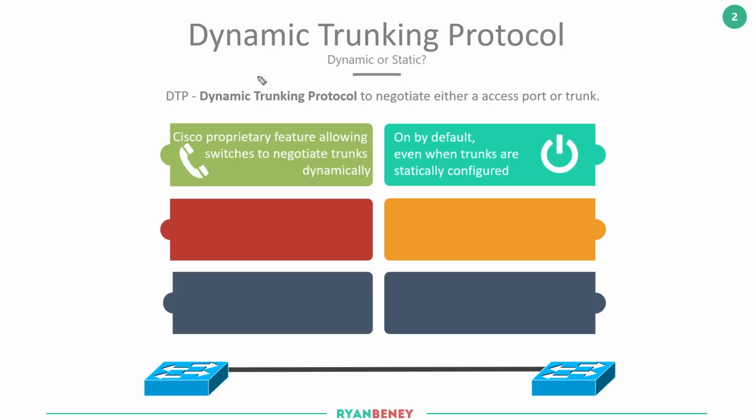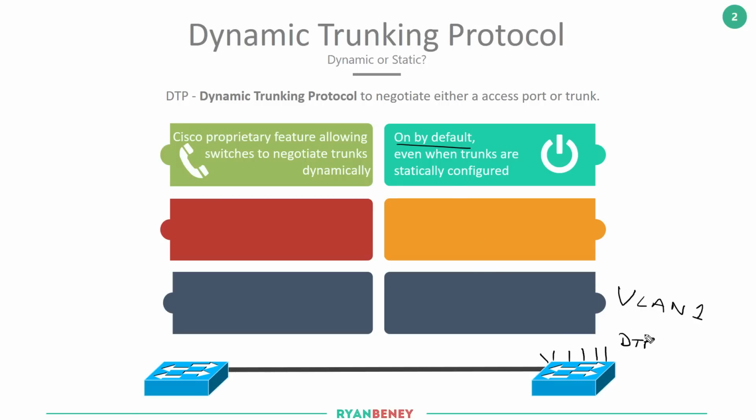So DTP is on by default. When you get your switch and you take it out of the box, previously we said that everything was in VLAN 1. Well, also every switch port is configured with DTP. Now, the mode in which DTP is configured, which we'll come on to in a moment, will vary from switch model to switch model.